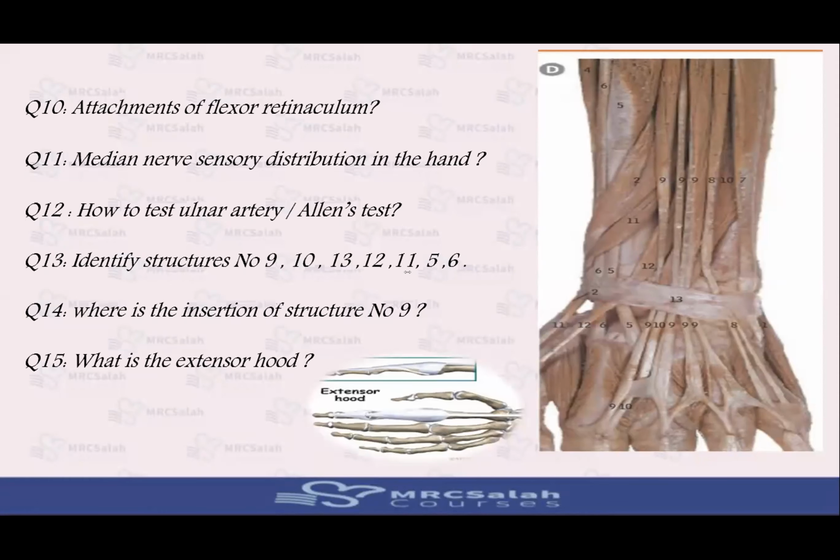Number 11 is less than 12, so 11 will be brevis. Very simple. And by the way, brevis is in the first compartment. And the 6 is radialis. By this way, 11 and 12. 11 will be more away.